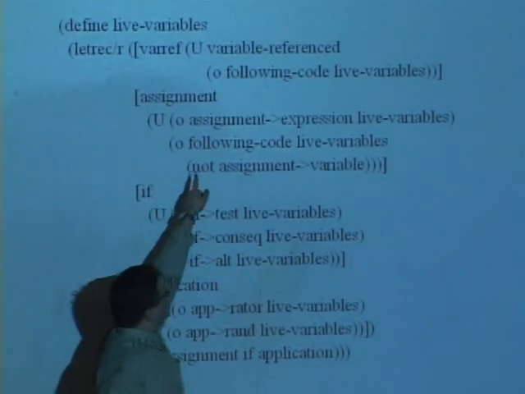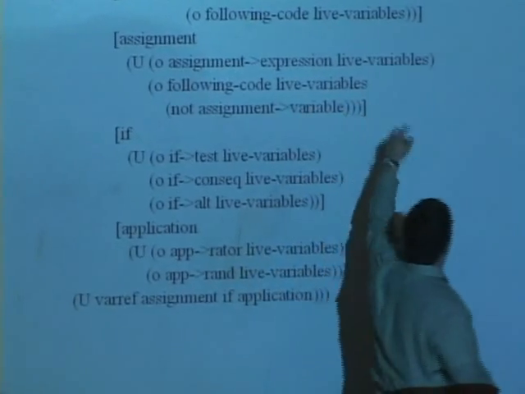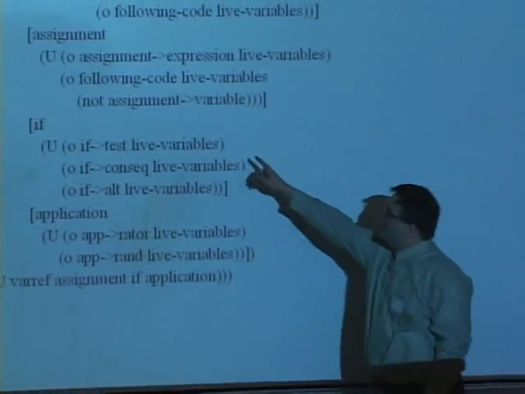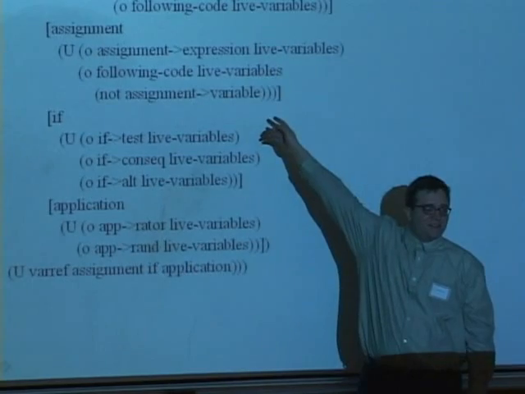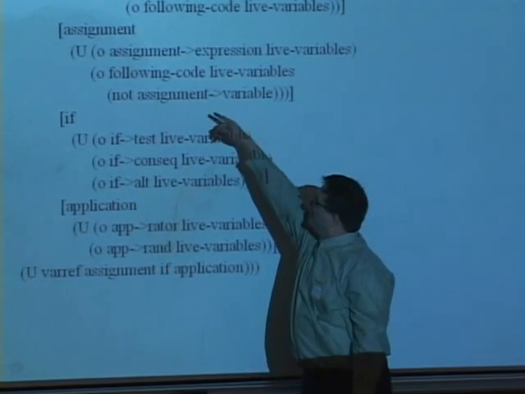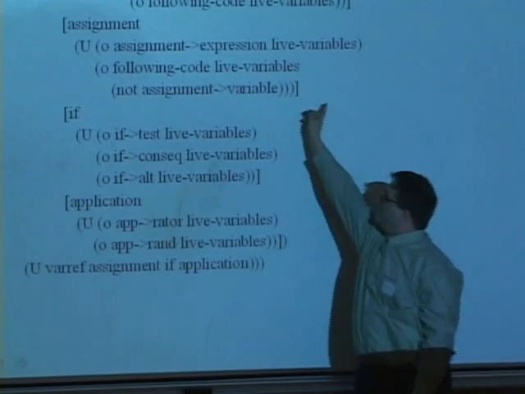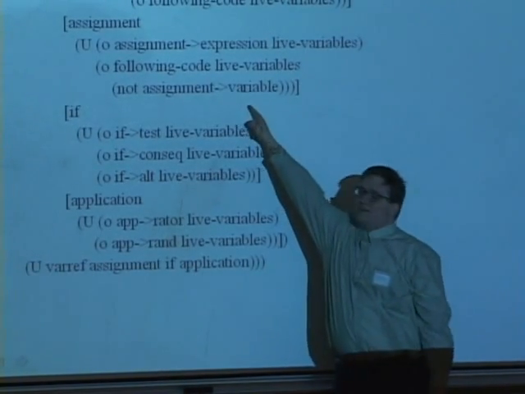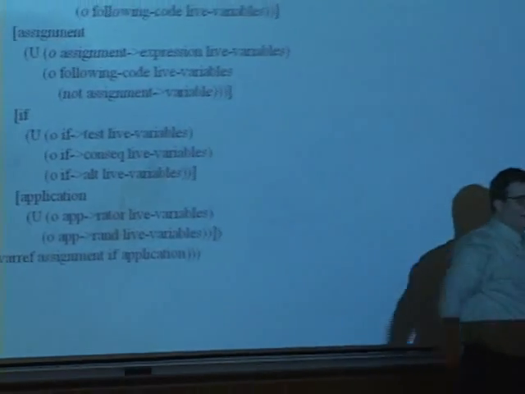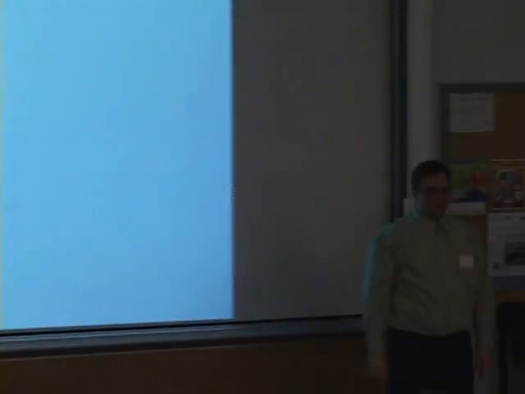Assignment, you take the expression that you're assigning, its live variables, and here's why this is nonlinear. This has puzzled me for a while. You feed the following code into the live variables, and then you say not the variable that was assigned, right? You do a filter on what you got out.